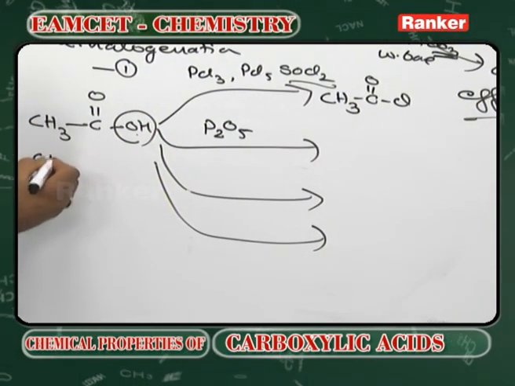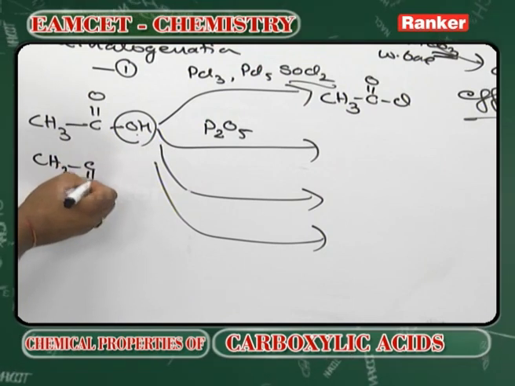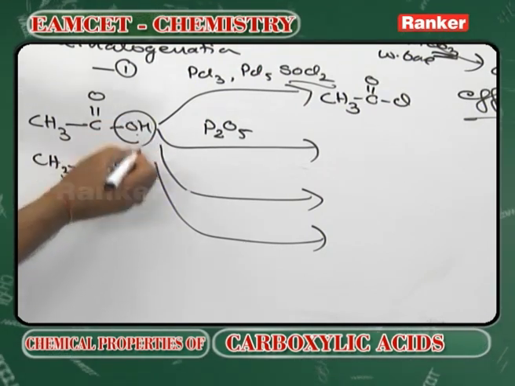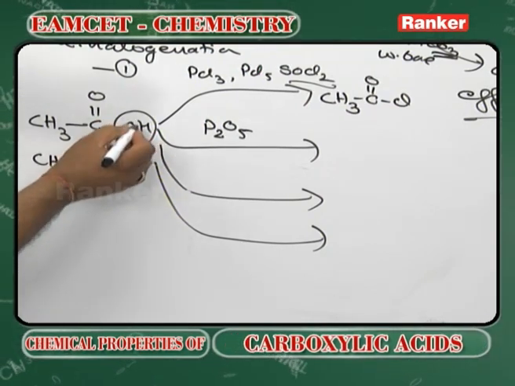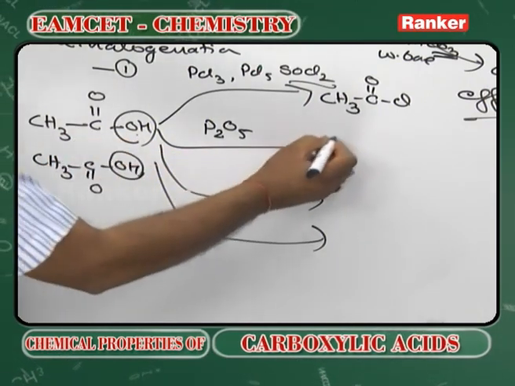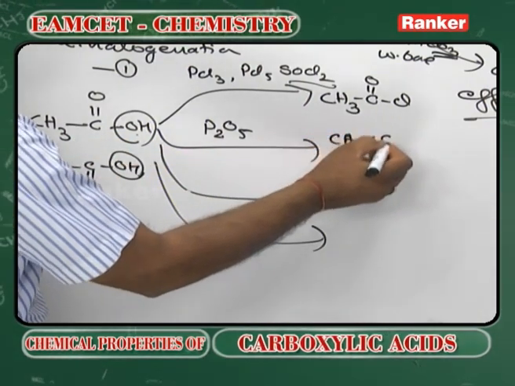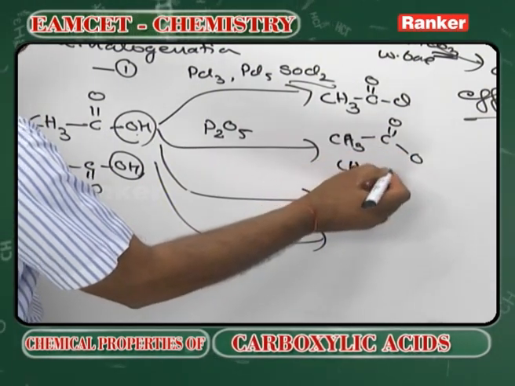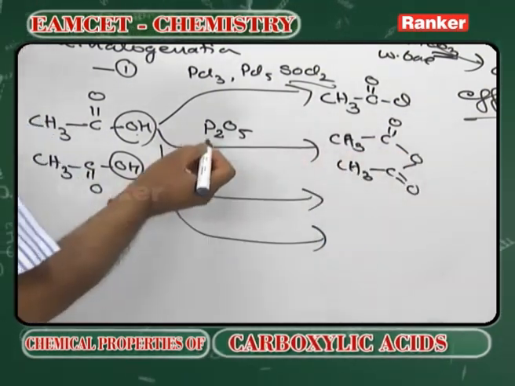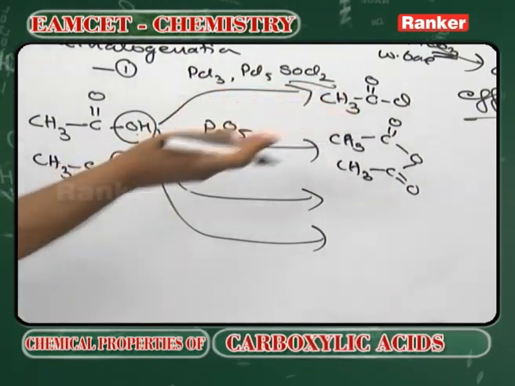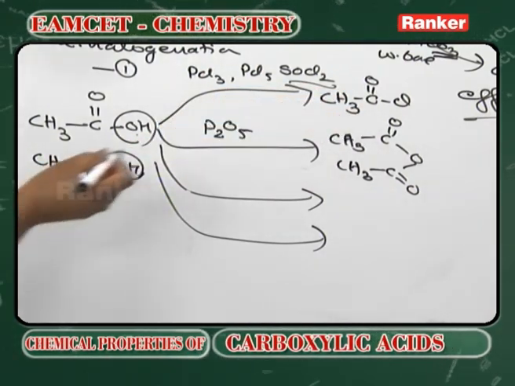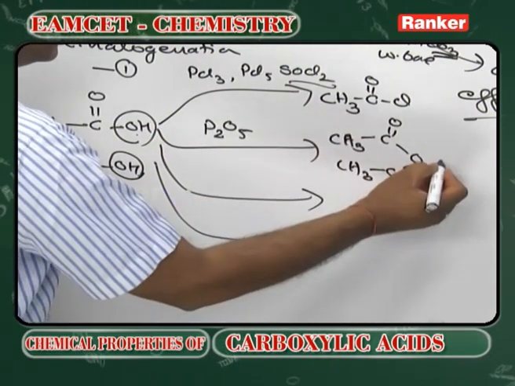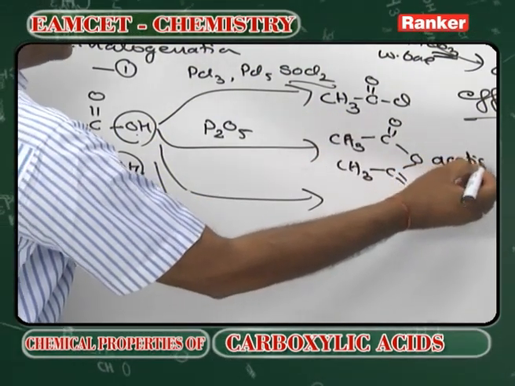If you take 2 acetic acids, from the 2 moles of acetic acid, HOH is removed, and 1 O comes in the center. So from the 2 moles of acetic acid, a water molecule is taken away by force. The P2O5 takes that water and becomes phosphoric acid, and this becomes acetic anhydride.